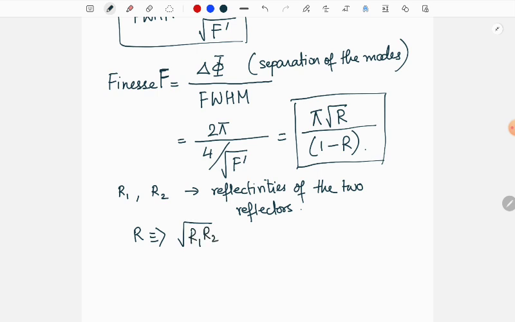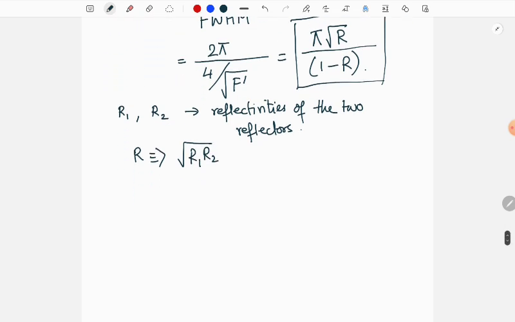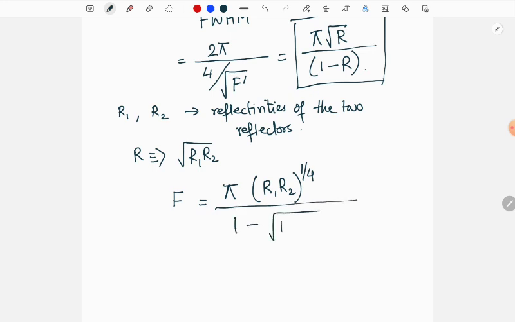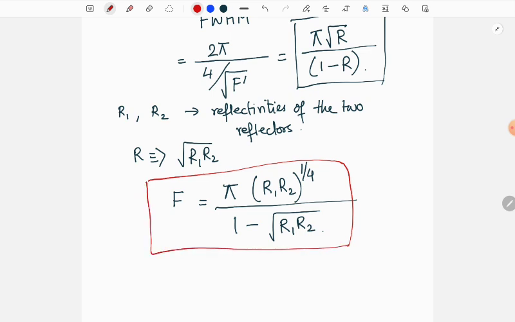So in that case, the finesse comes out to be F equal to pi times the fourth root of R1 R2, divided by 1 minus square root of R1 R2. This is the general form of the finesse in a cavity formed by two reflectors having reflectivities R1 and R2.